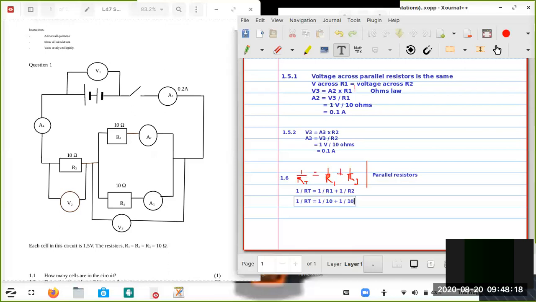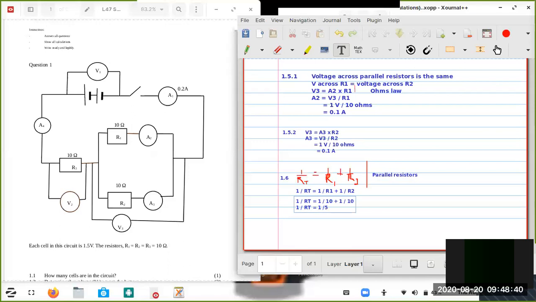Once you put that in your calculator, you find that 1 over R total is equal to 1 over 10 plus 1 over 10. You come up with 1 over 5.